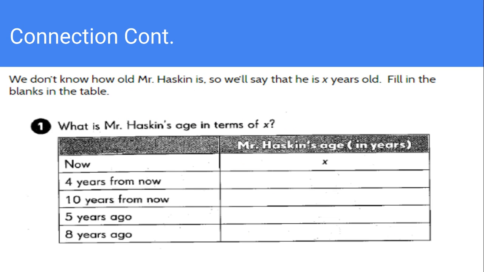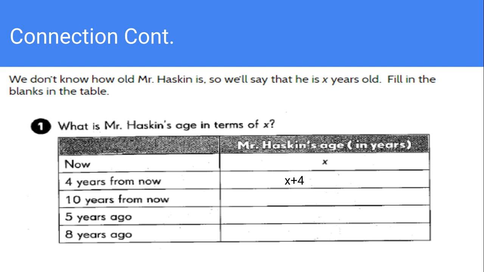Now, let's take our knowledge of expressions and let's add a variable. So we don't know how old Mr. Haskin is. So we're going to say that he is X years old, an unknown number, X. And we're going to figure out how old he is 4 years from now, 10 years from now, 5 years ago, and 8 years ago. So we're going to use X as his age. So for 4 years from now, we want to know in the future.